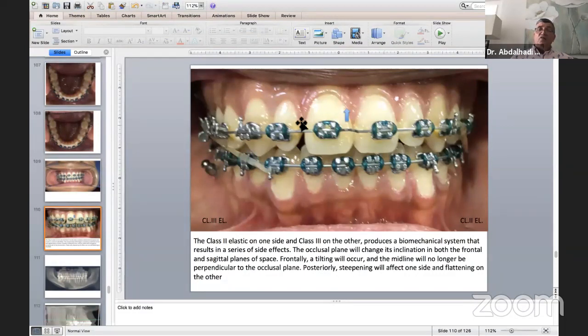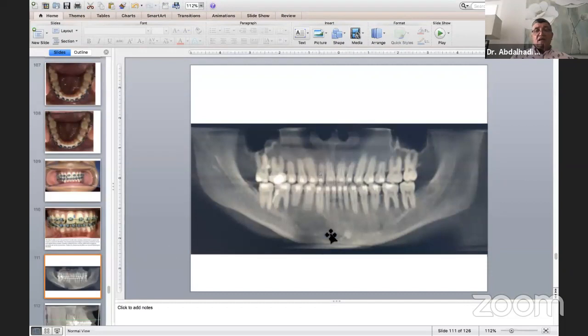That's why when you use class 2 and 3, be sure that you have another adjuvant system, which is the TAD, to keep the result that you want. Here is the panoramic showing the TAD that I put here to help me intrude the molar.